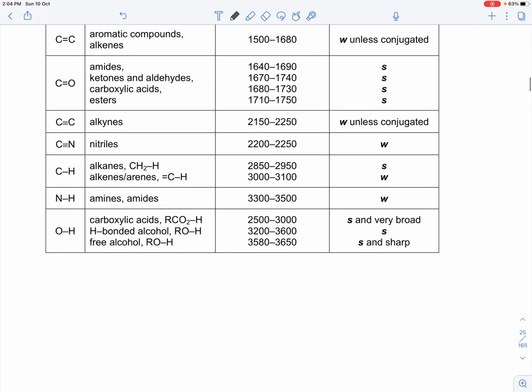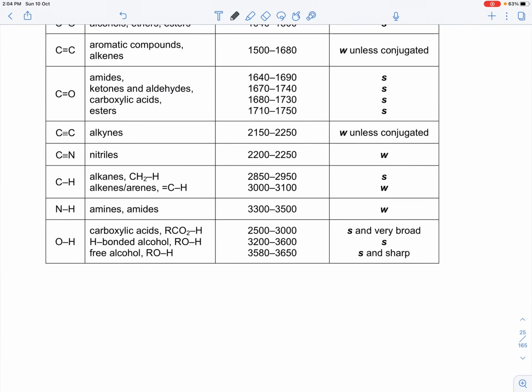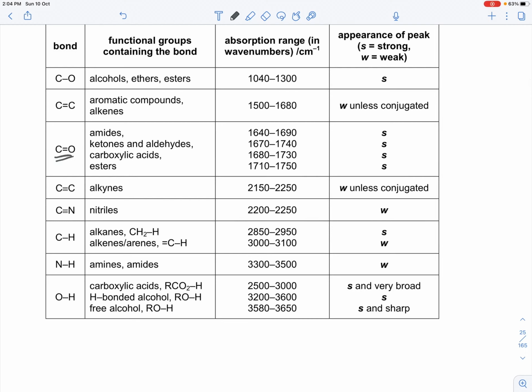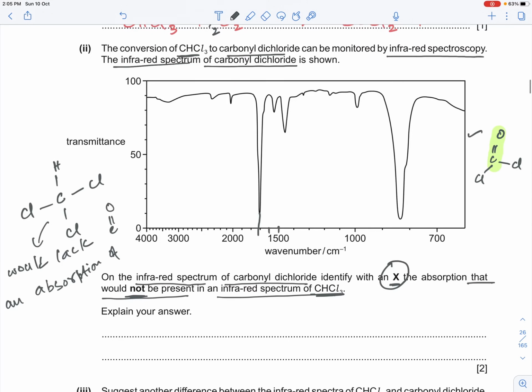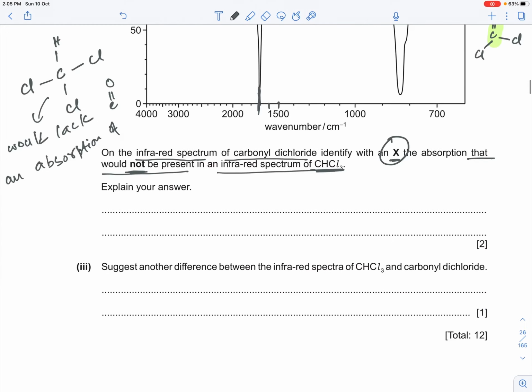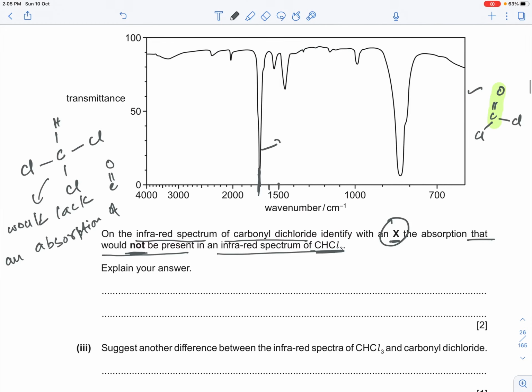If you look at the IR table, the C double bond O peak is in the range 1670 to 1740 for ketones and aldehydes, right? So we have this peak at around 1710 or 1720. That means this is the peak X, so we would identify it with an X.